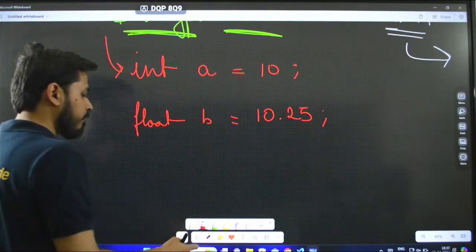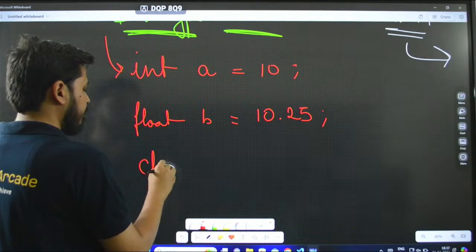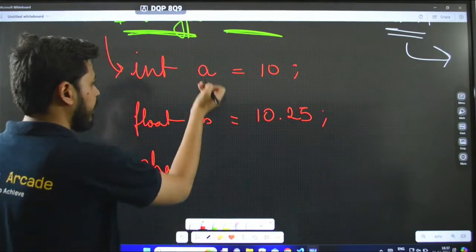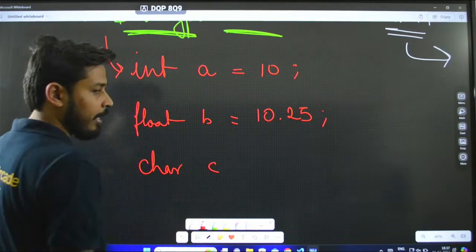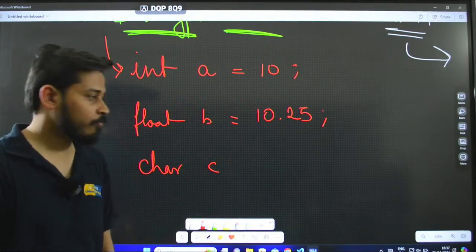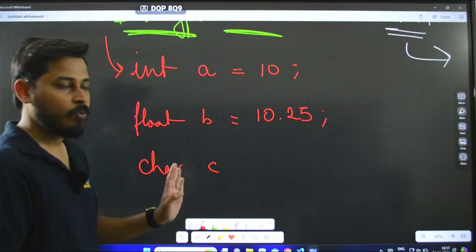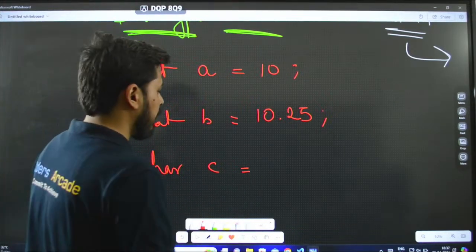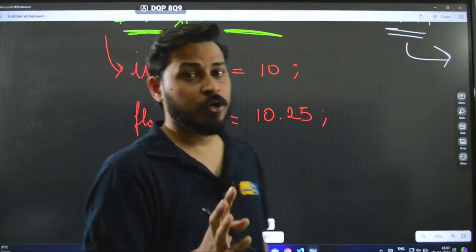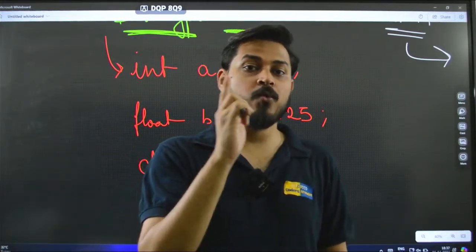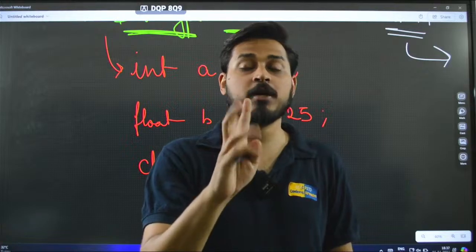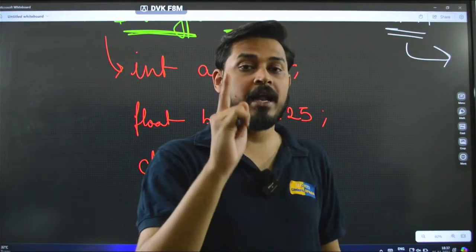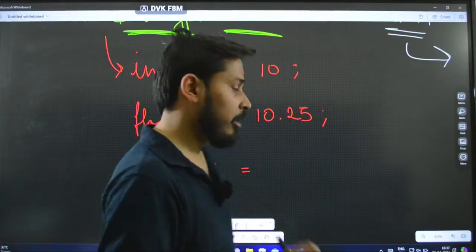If you want to create a variable of char, you mention char, and then you say, let's say, because I have taken a, b, I am taking c, char c, and in this case equals to. If you are using the char data type, you can only hold one single letter or alphabet inside, not a word, in this case of English.